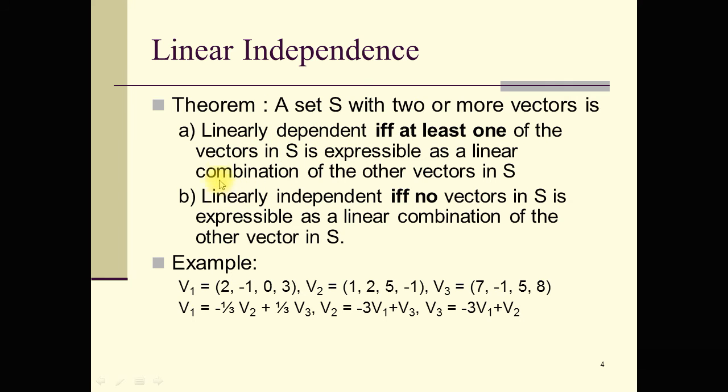Now another part of this theorem: the vectors will be linearly independent if and only if no vector in this set S is expressible as a linear combination of the other vectors in S.